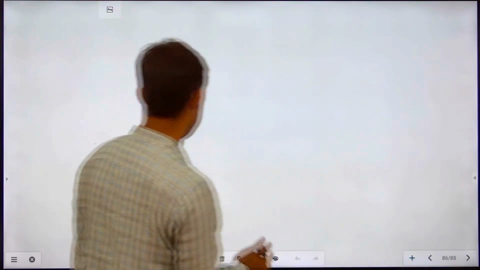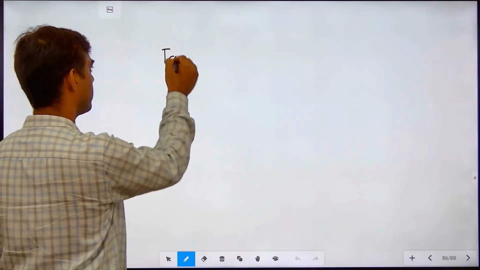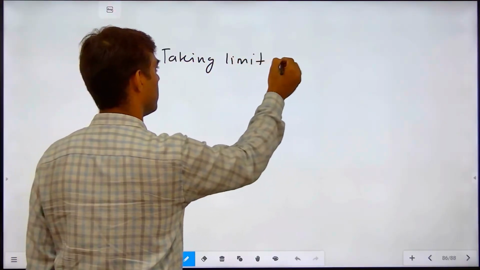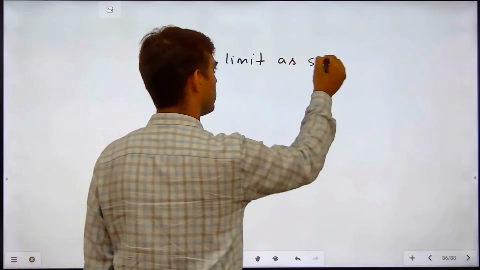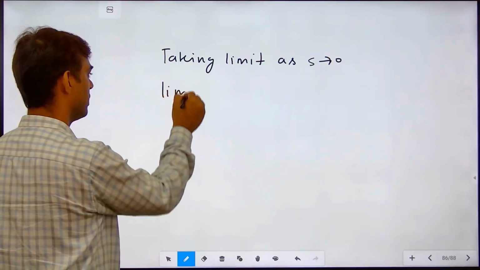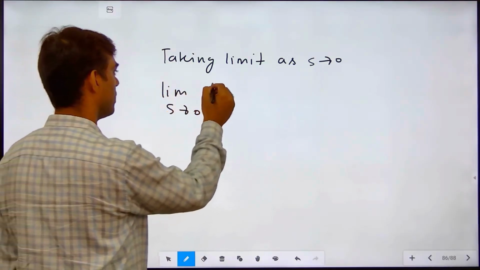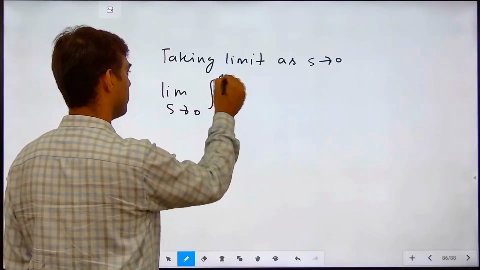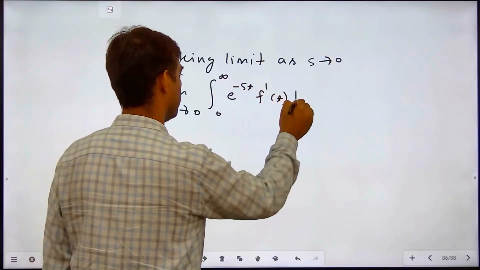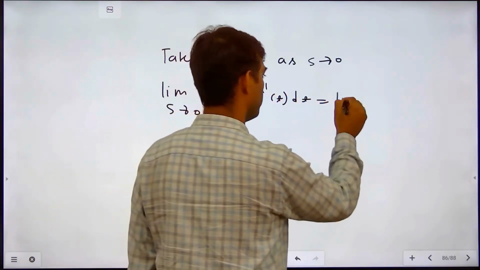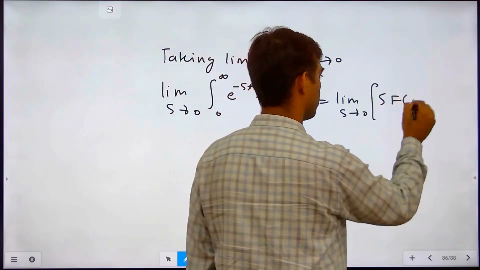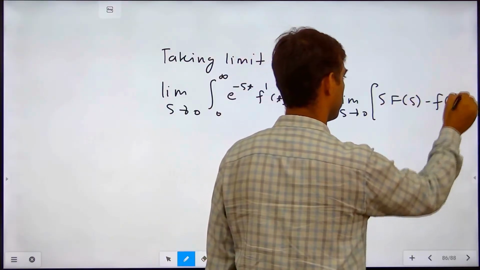In the next step we write, taking the limit as s tends to 0, the left hand side becomes limit s tends to 0 of the integral from 0 to infinity of e to the power minus s t f dash t dt, equal to limit s tends to 0 of s F(s) minus f(0).